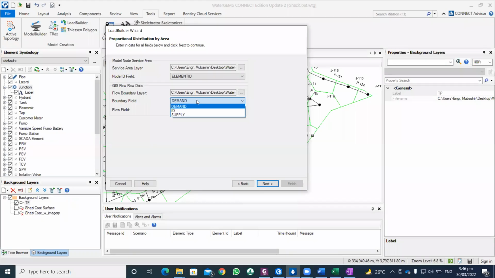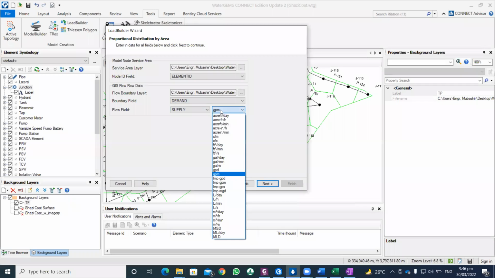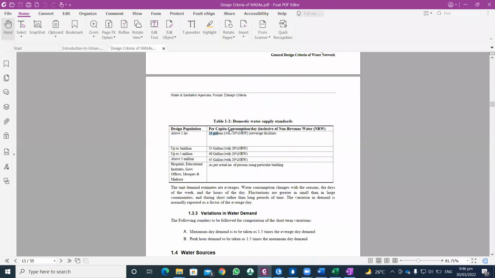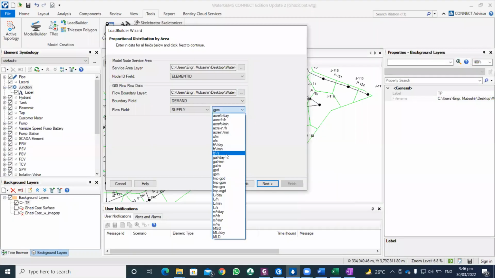And the boundary field will be the demand, and this is basically in gallon per day. I think it should be, where is it, it is gallon per capita per day. So it is basically in gallon per day. So this unit should be correct.